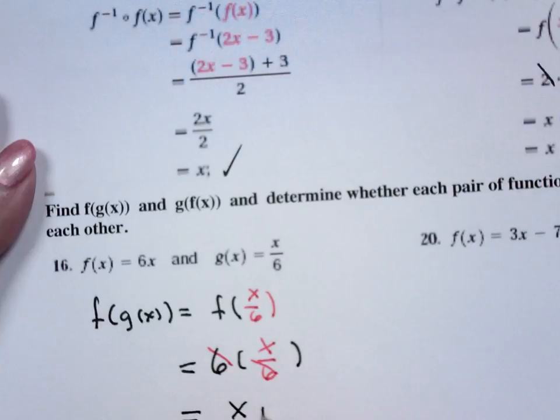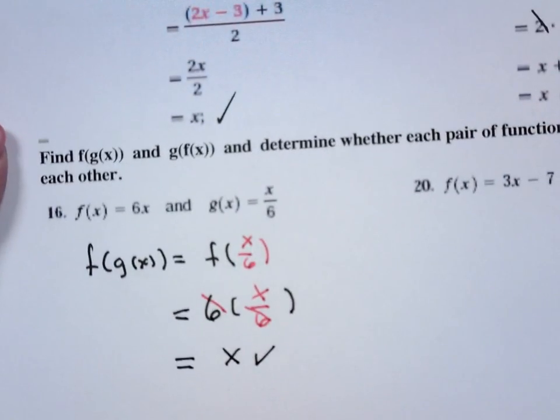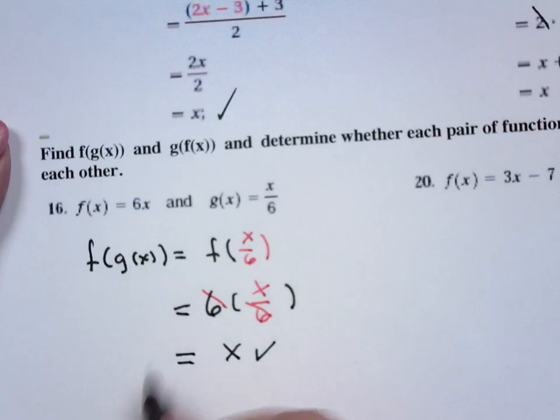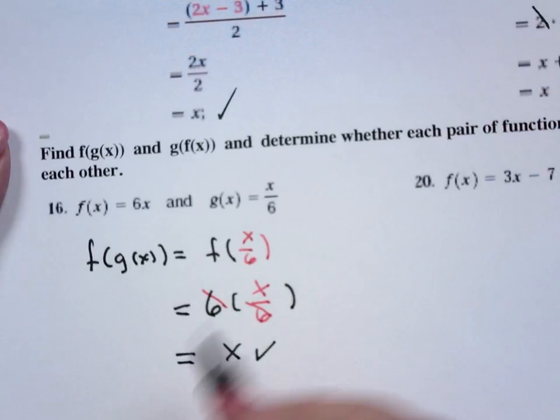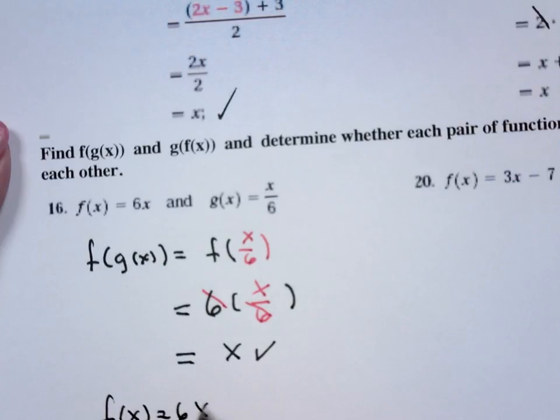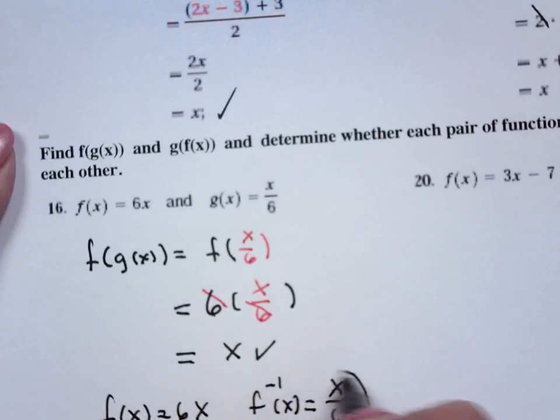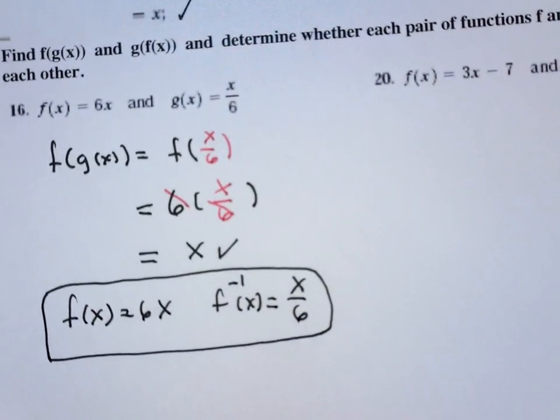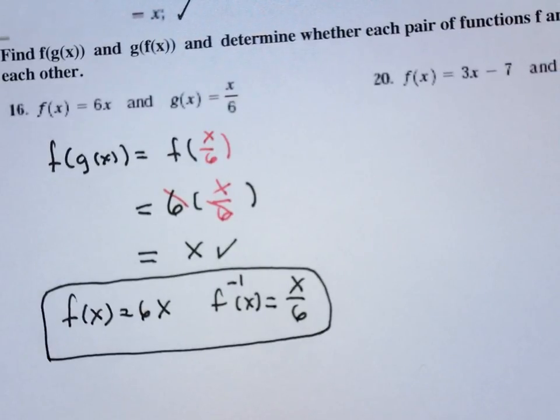And are they inverses of one another? Yes. So we can then say if f of x is equal to 6x, then f inverse of x is x over 6. They are inverses of each other.